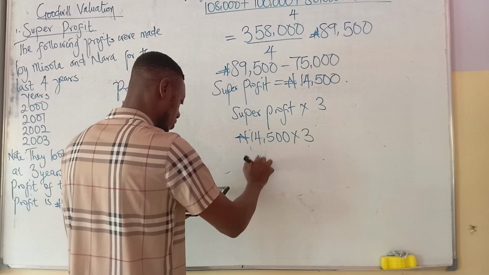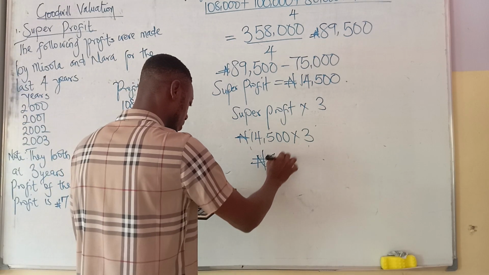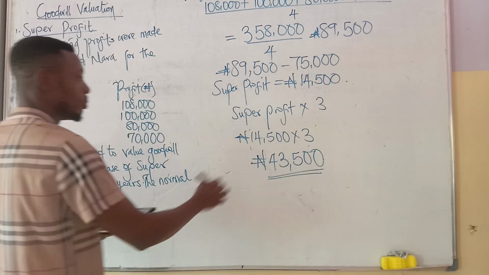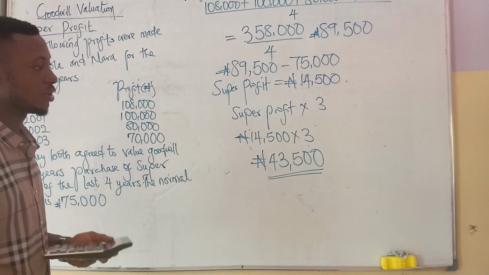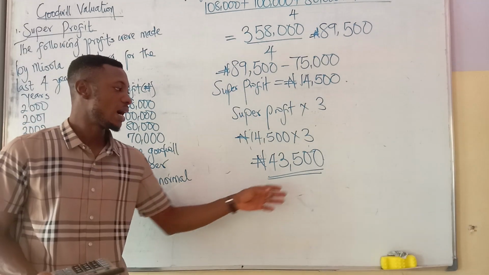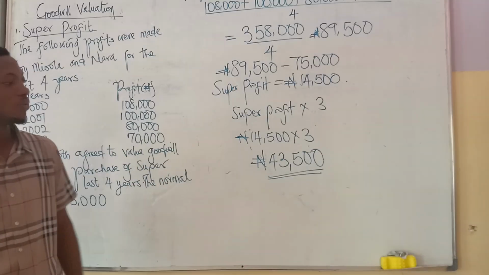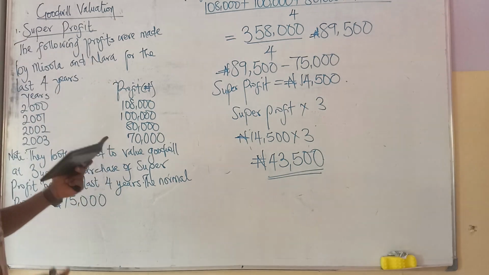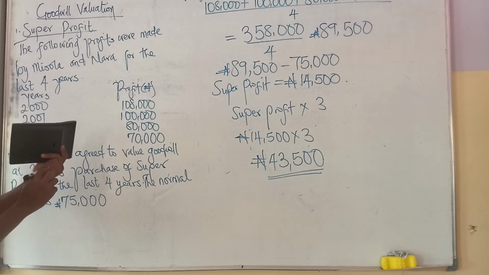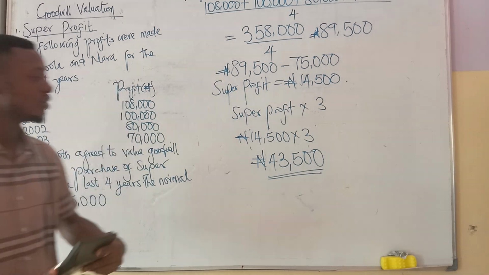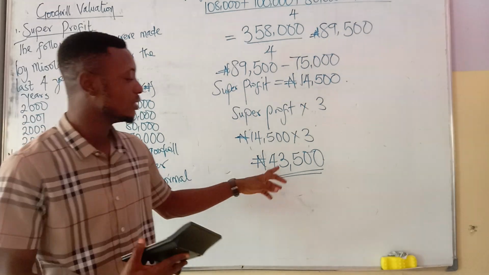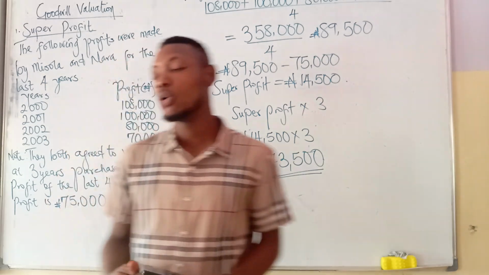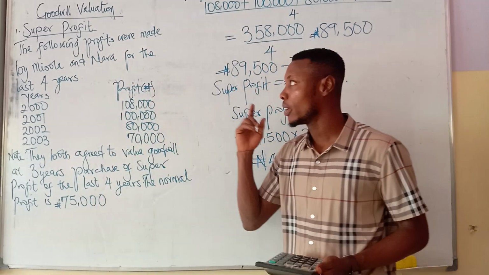So this will give me 43,500. So at the end of the day, our goodwill is valued at 43,500 naira. So when they evaluate the business, Misola and Nara have a goodwill to that business at the tune of 43,500. That is how we calculate our super profits.